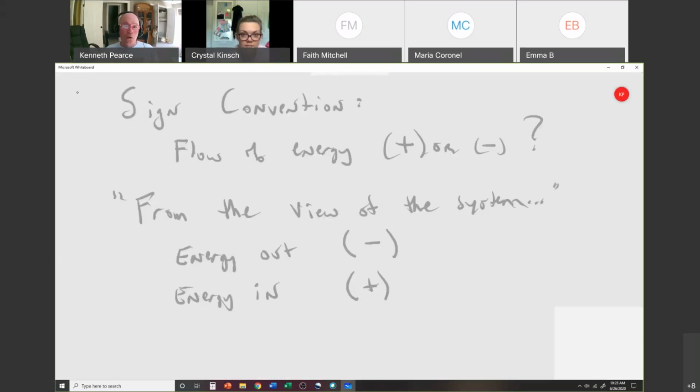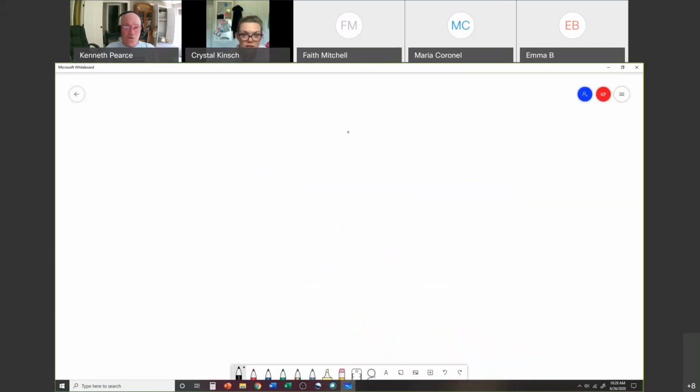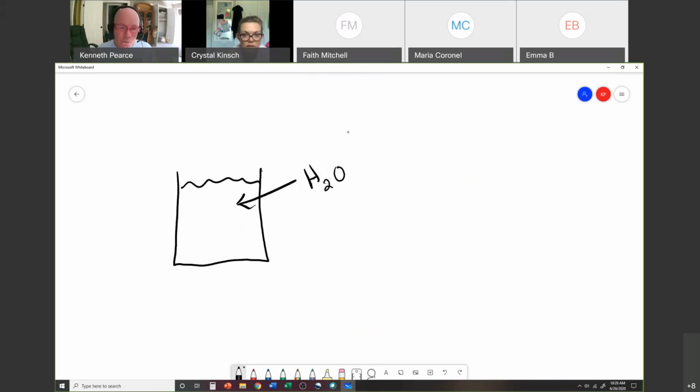Now, how does this look? Let's go back to the reaction that we just did in a coffee cup, and we have all this water in here. I've already told you that the water is the surroundings. Okay, we have water and we're doing a reaction in water, and so we dump in some sodium hydroxide and HCl, and we have a thermometer in here.